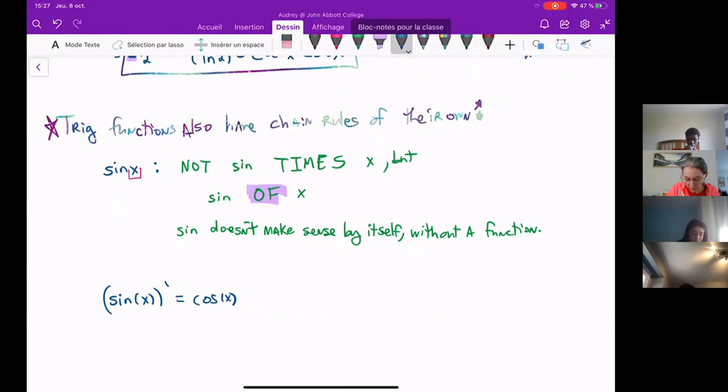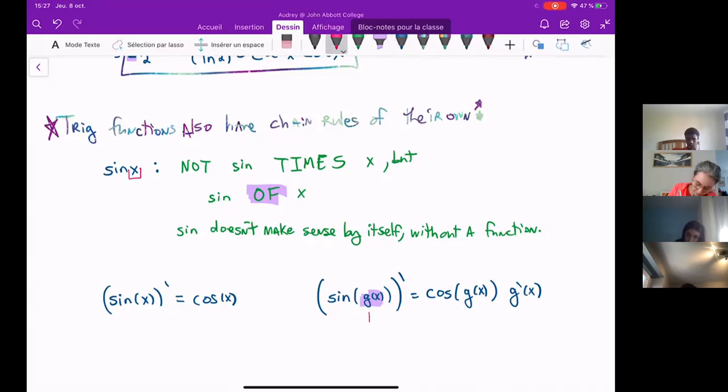But if I have sine of a function, then I need to do a chain rule. So I have a function in there, it's sine of a function, then this would be cosine of that function times the derivative of that function. So in other words, if we have anything other than x inside, because it's of x, we have to do a chain rule.